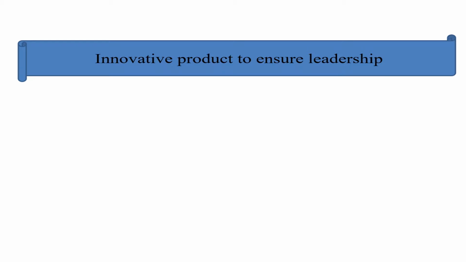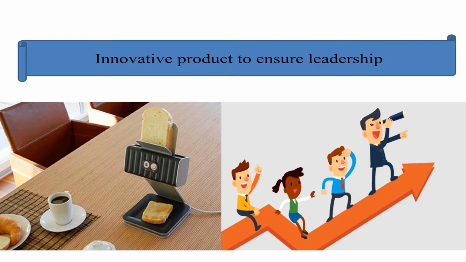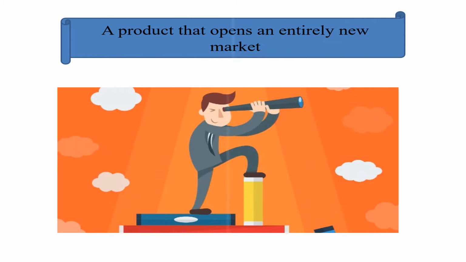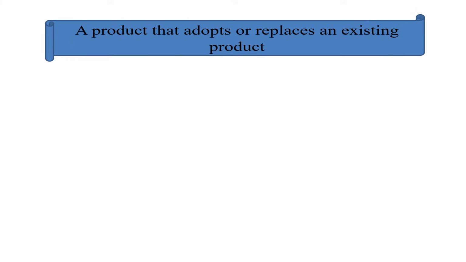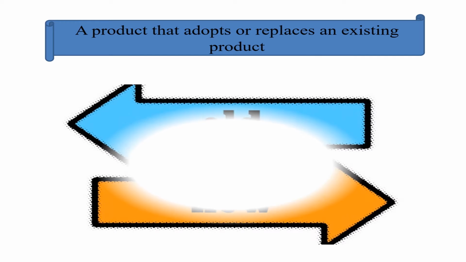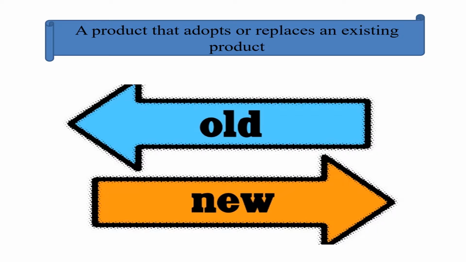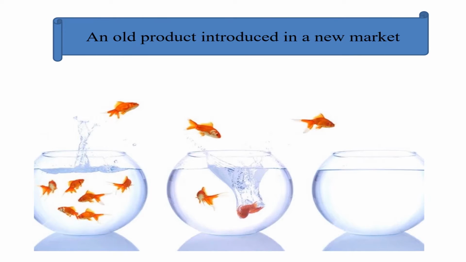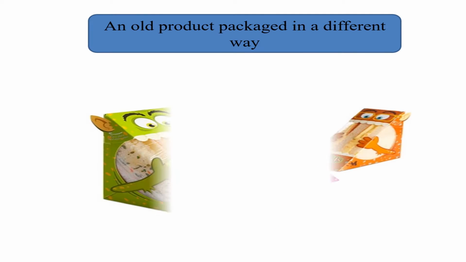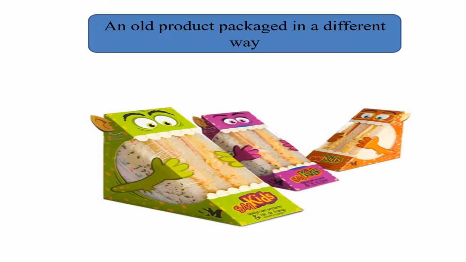But before we learn about how these new products can be developed, let's take a look at what constitutes a new product. A new product can be a product that opens an entirely new market, a product that adopts or replaces an existing product, a product that significantly broadens the market for an existing product, an old product introduced in a new product, an old product packaged in a different way, or an old product marketed in a different way.